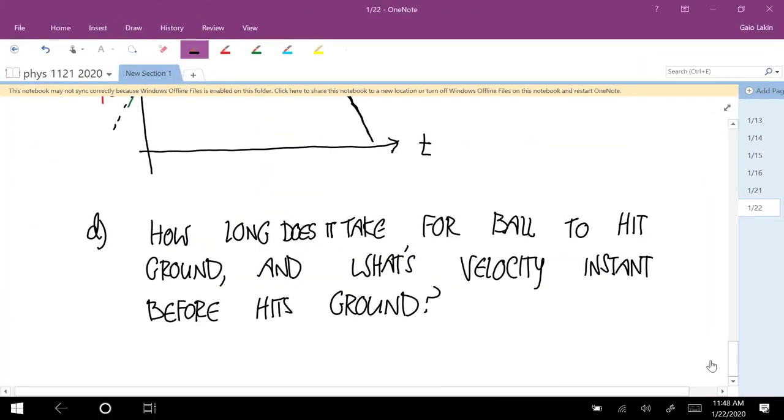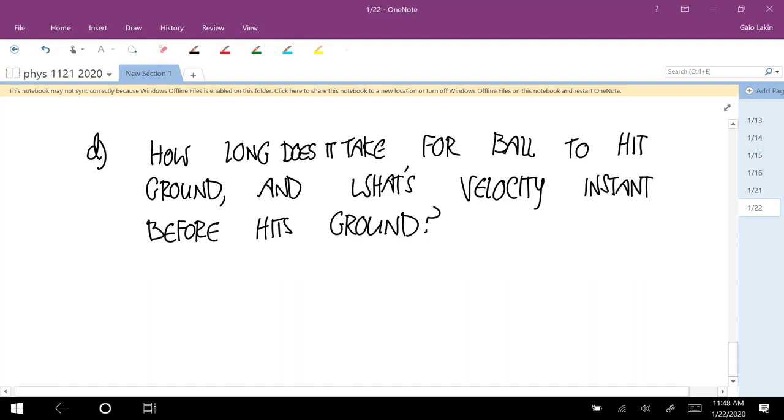Finish this problem. So I'm going to choose time equals 0 to be when it's released, and time t to be when it reaches a height of 0.